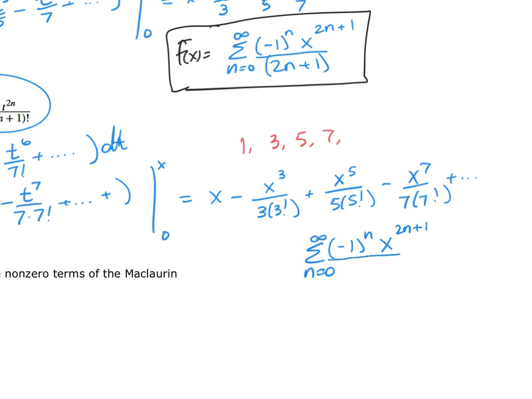My denominator has the 2n plus 1 factorial, because this is my 2n, and this is my 2n plus 1 factorial.